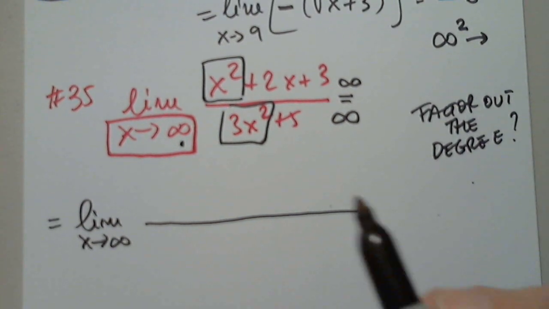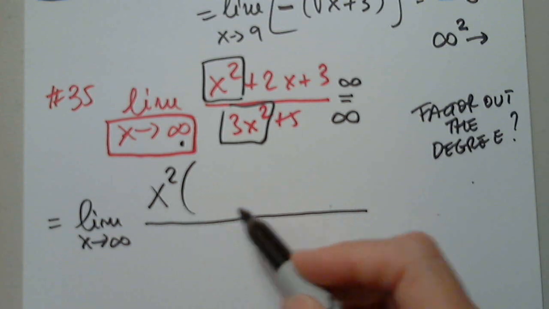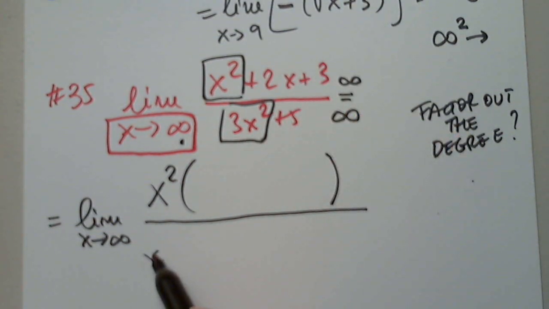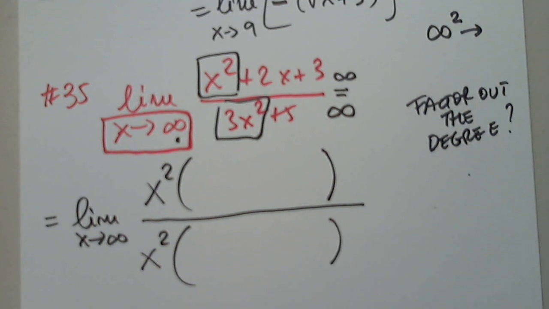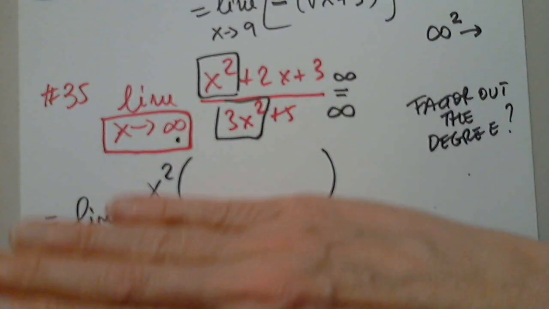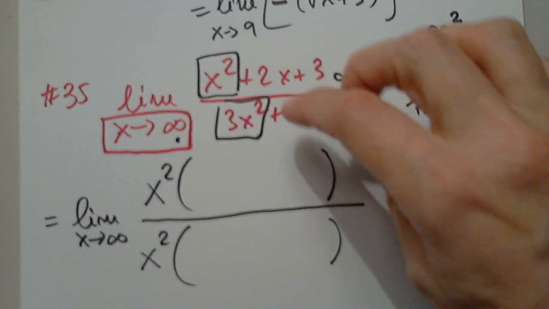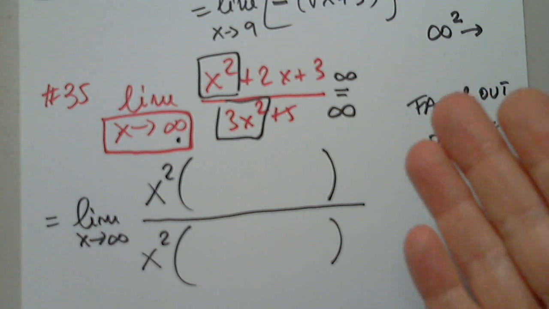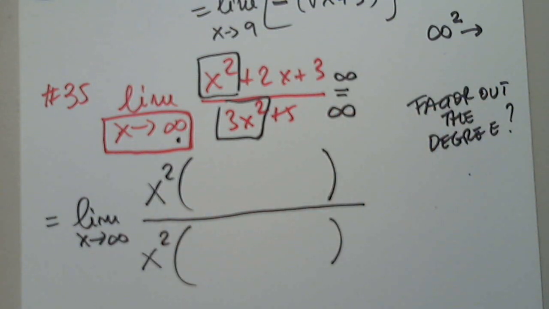Two? 2. So I have to factor out x squared. I think that's what you said. Yes. The same thing in the denominator. I will factor out x squared. Because the degree is 2. Not because they are the same. Independently, please. The degree of the top is 2. I factor out x squared. It happens the degree of the denominator is 2. I factor out x squared.